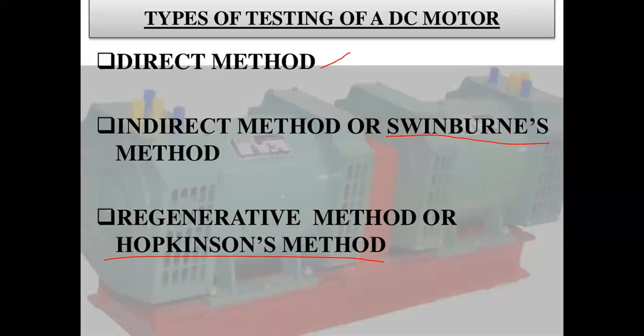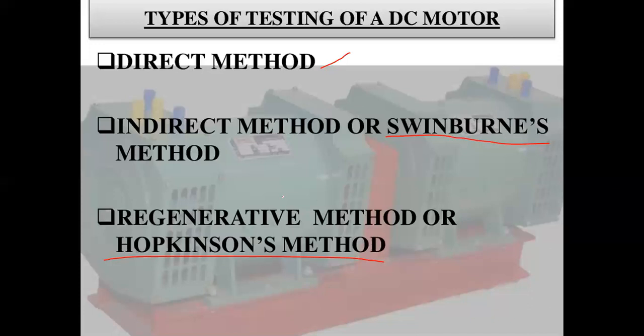In DC series motors, all the characteristics, means speed, torque, armature current and efficiency, are plotted with respect to output power, and you have to remember these performance curves. By seeing the performance curves, we can attempt a number of objective questions in many competitive examinations.